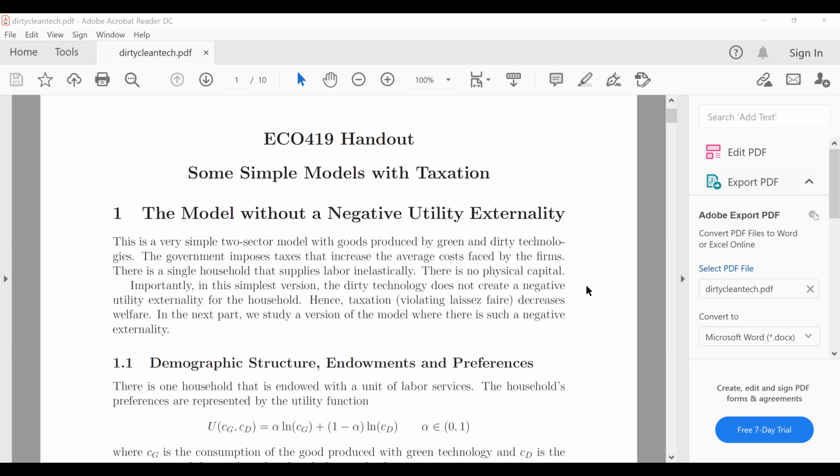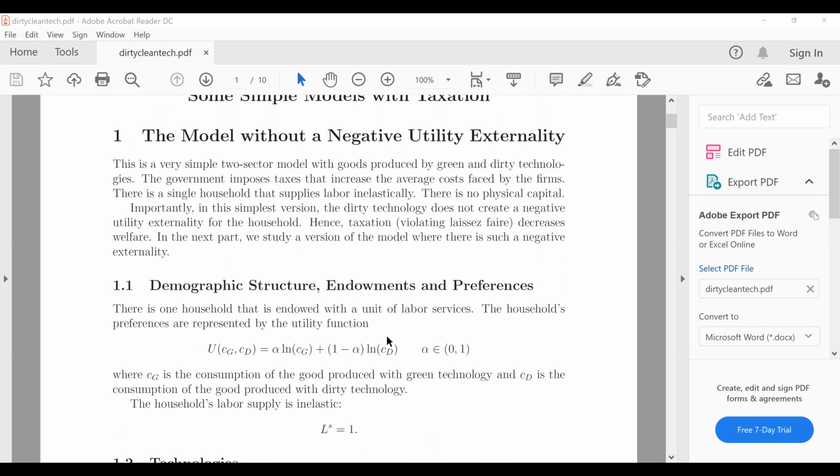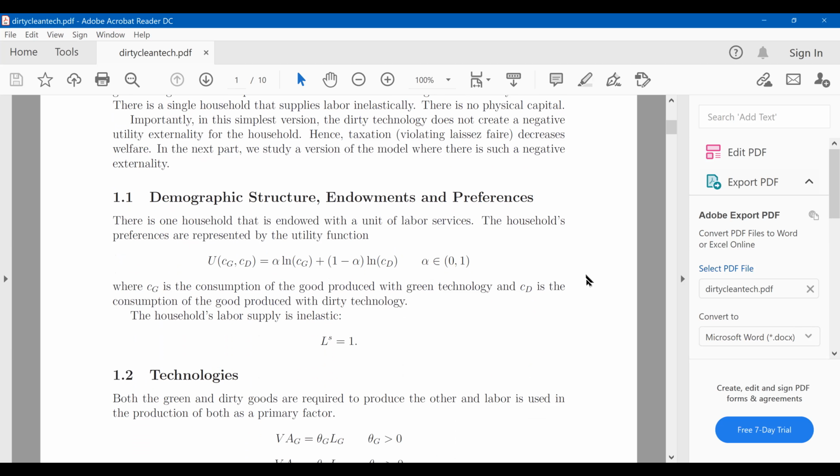In the second version, we're going to put the externality term in this utility function. So the utility function you see here basically depends only on consumption, of course, consumption of the green good and the consumption of the dirty good, but there will be an externality term here, and that will be decreasing the utility of the household, but that will be in the second part.